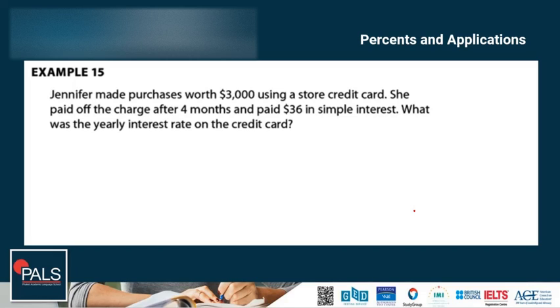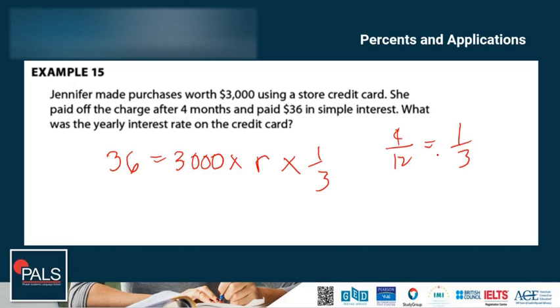Plugging this into the interest formula, you have the interest, 36, is equal to the principal, 3,000, times, we don't know the rate because we will be looking for the rate, times 1/3. Okay, because it's after 4 months, so 4/12 is the same as 1/3.